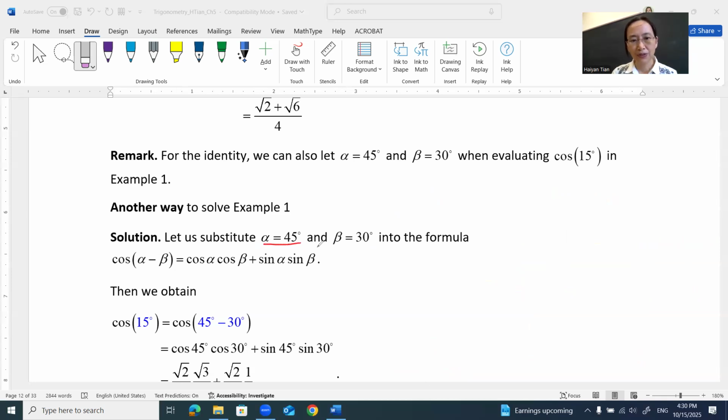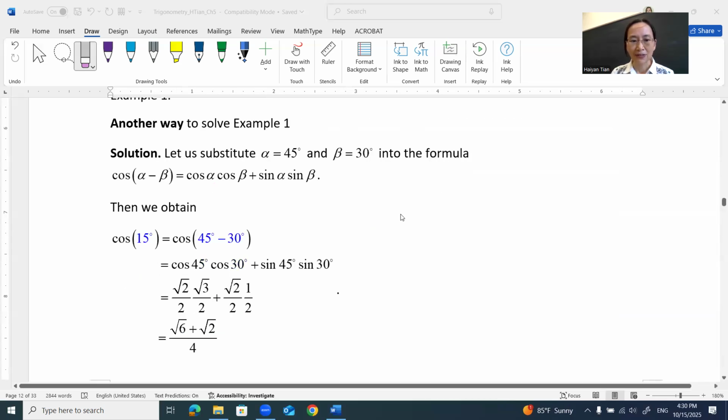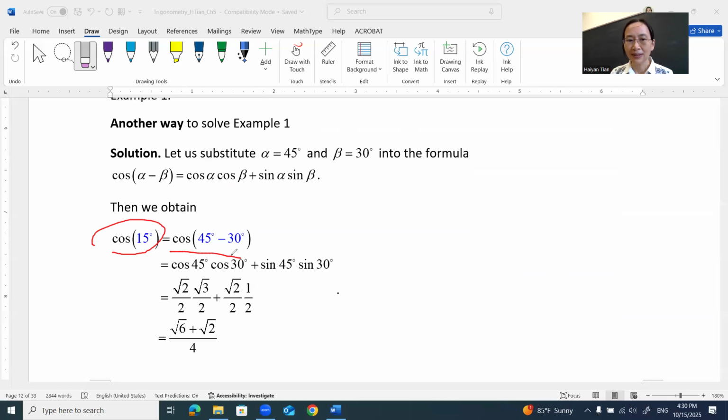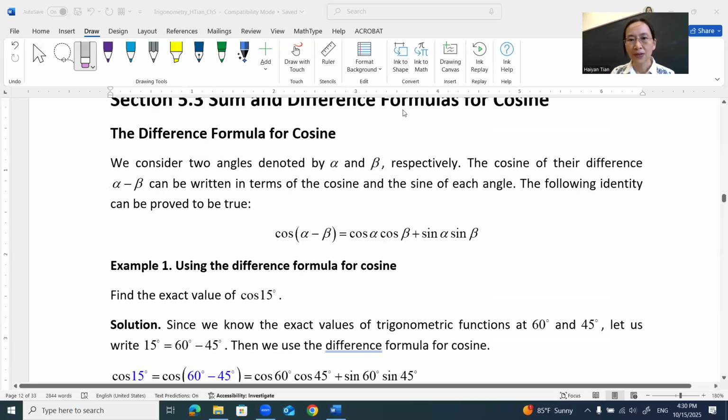The reason we choose either this or that is because these are special angles. We can know the exact trig function values for those angles, and eventually we can get the exact cosine value of 15 degrees by applying the difference formula for cosine. But be very careful when you apply it.